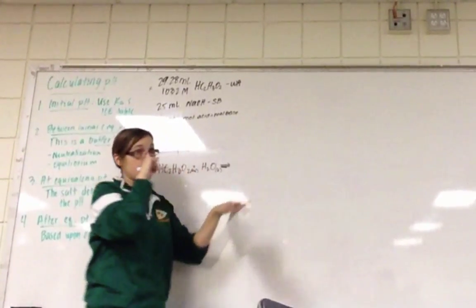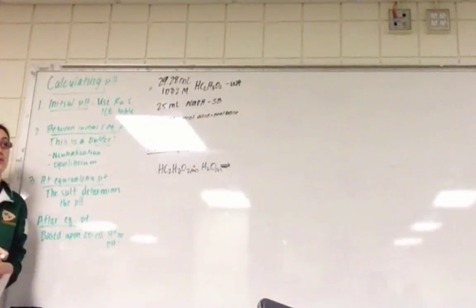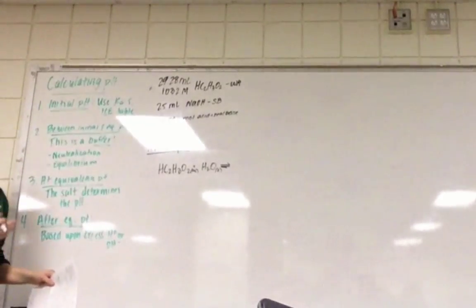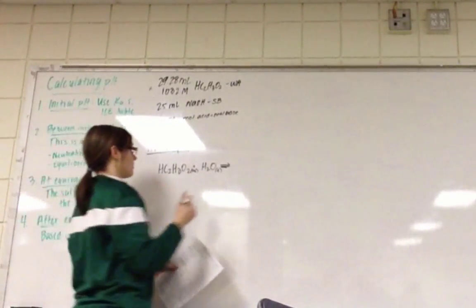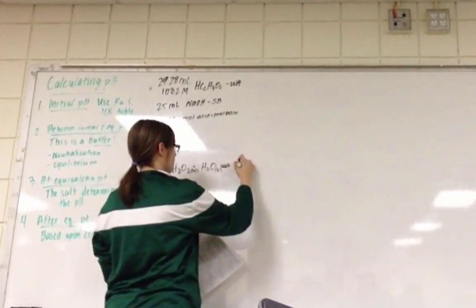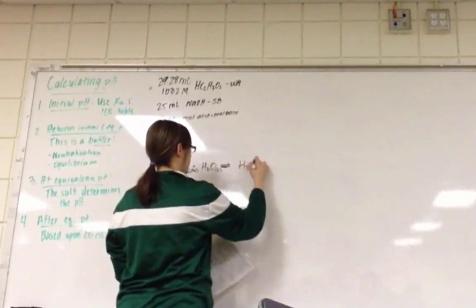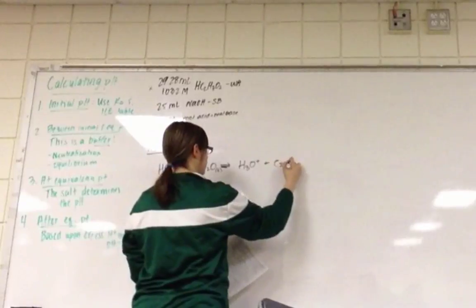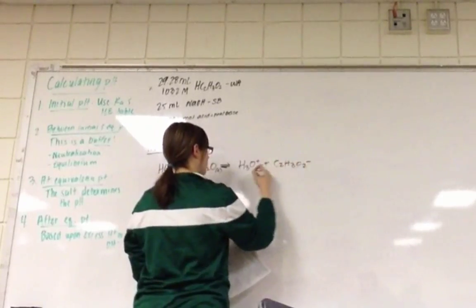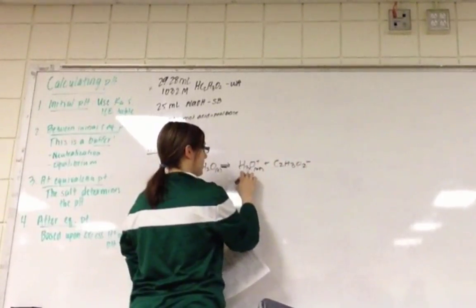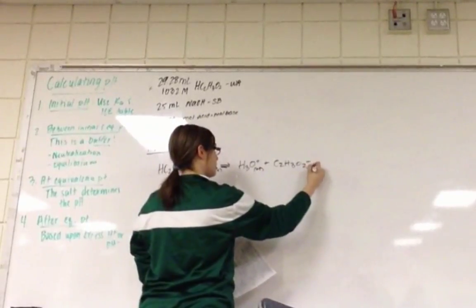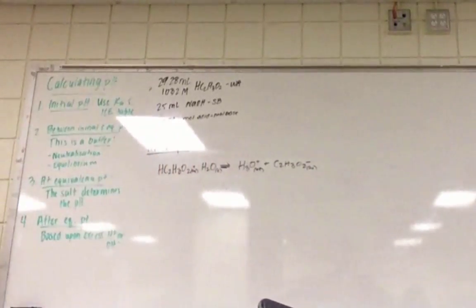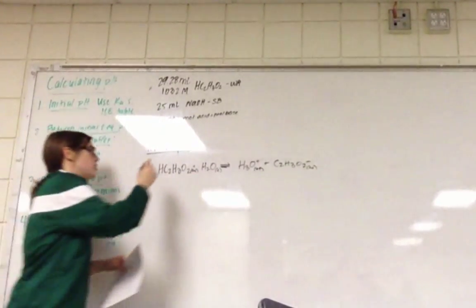What are my two products when my weak acid partially ionizes or partially dissociates? Okay, so I heard H3O+ and I heard C2H3O2 minus. So hydronium, and again, H3O+ is the same as H+. And then your acetate ion. Just bringing stuff back from the last chapter.